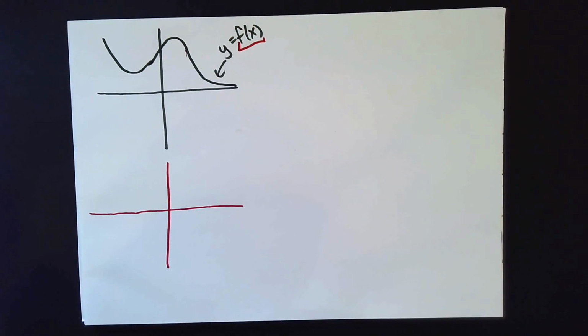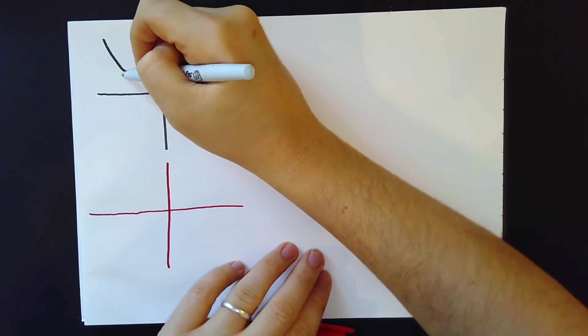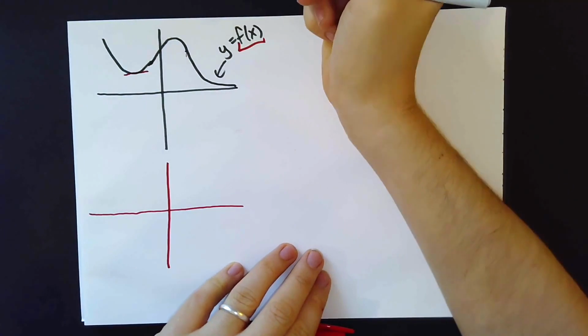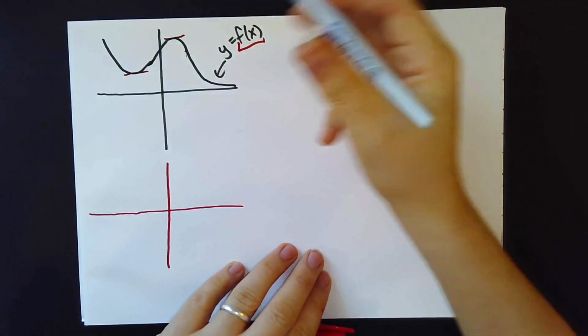So, how do we start a question like this? The first thing you want to do is look for spots where the derivative is 0. Namely, that would be this spot, where the tangent line is horizontal, and this spot, where the tangent line is horizontal.